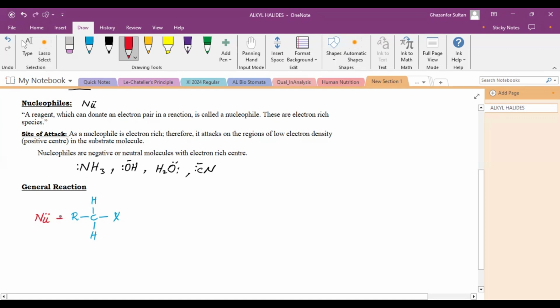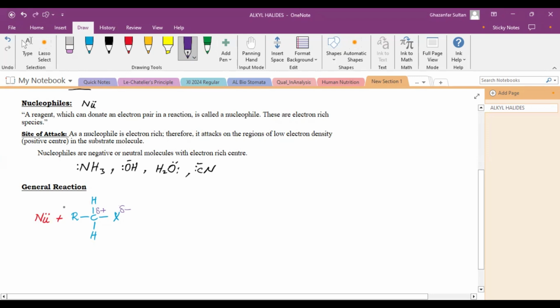So what happens? First we see that this bond between carbon and halogen is a polar bond, where halogen, being electronegative, is partial negative, and carbon is partial positive. So this is the electrophilic center that is electron deficient due to the high electronegativity of the halogen atom.